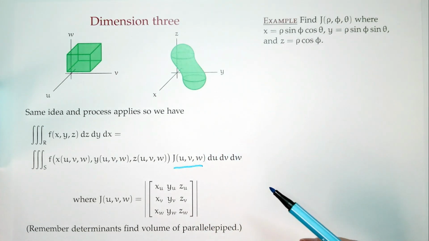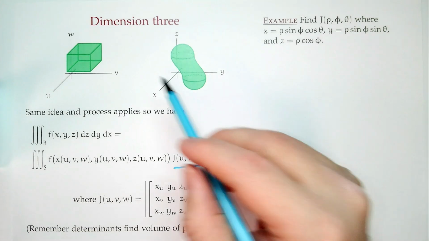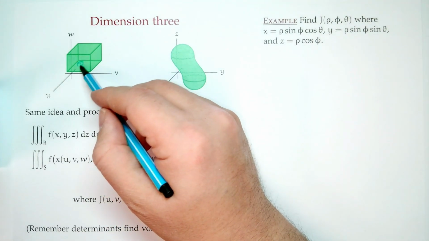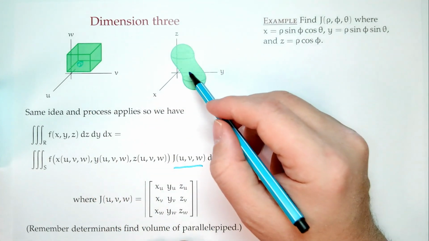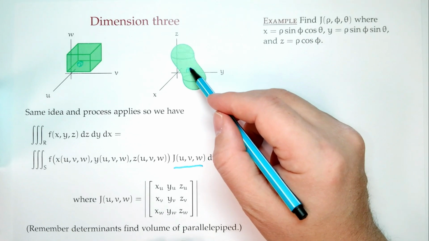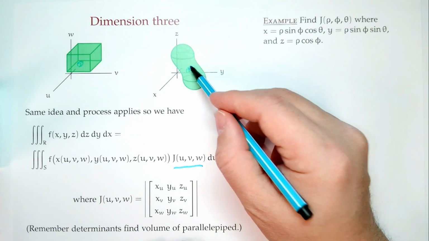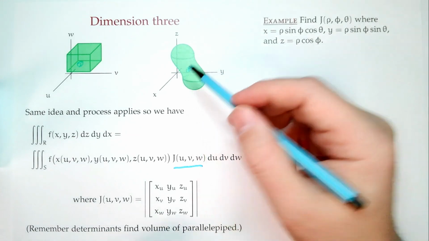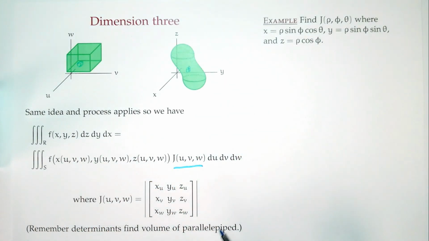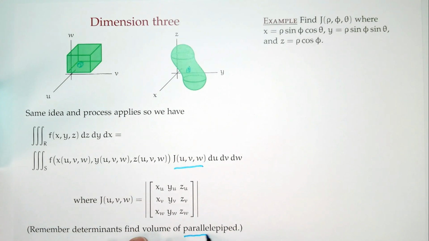And in 3 dimensions, what we have is that if we take a little tiny piece over here, so you have this little teeny tiny box, then what it becomes like over here, approximately, not quite a box with necessarily perpendicular angles, but what we have is a box with parallel sides, parallelepipeds.